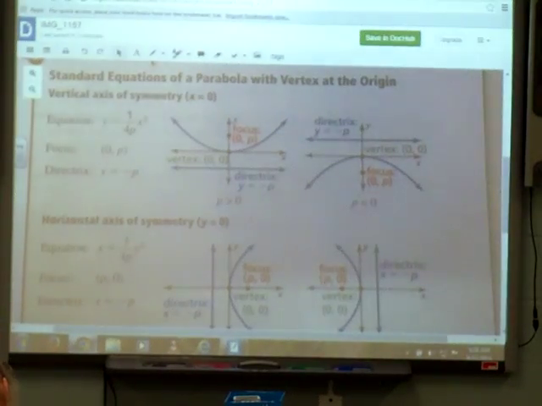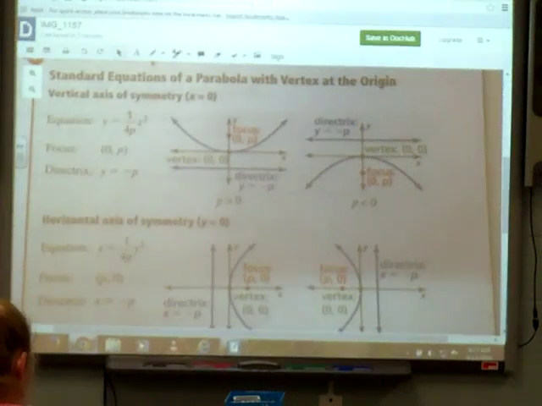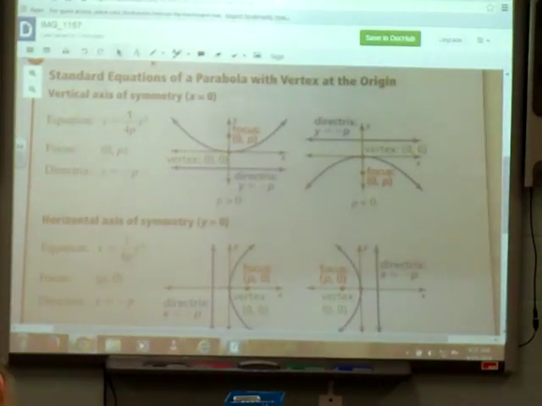Has everybody got at least the top ones done? Okay, just checking. I'll scroll it up when you get ready for the bottom ones. That 1/4 p, that's the stuff we're going to be using.